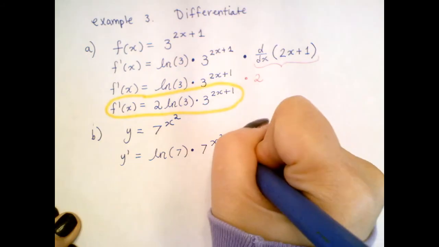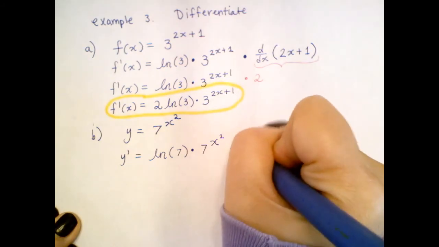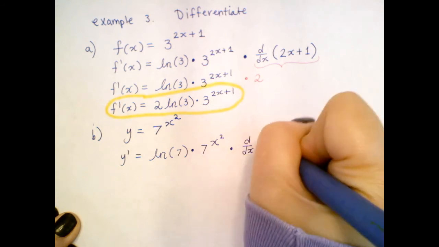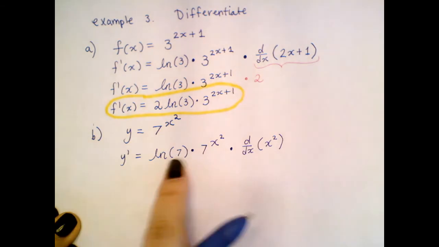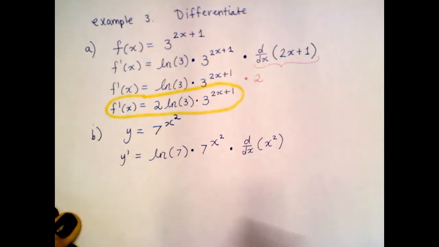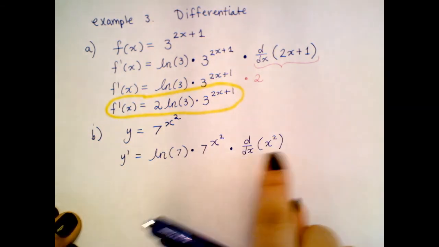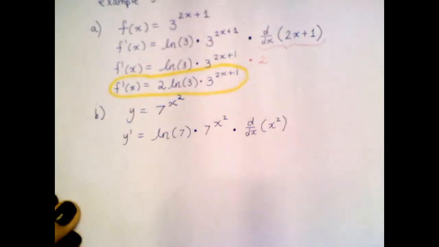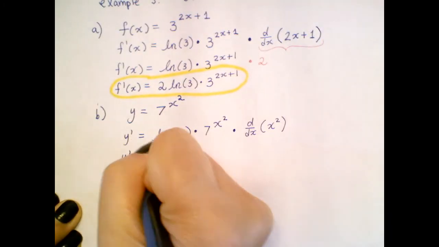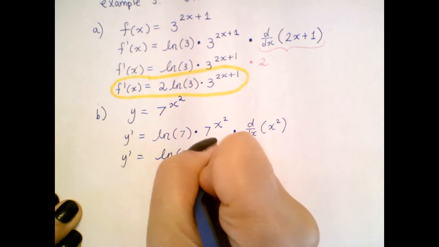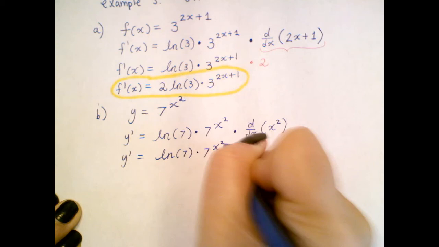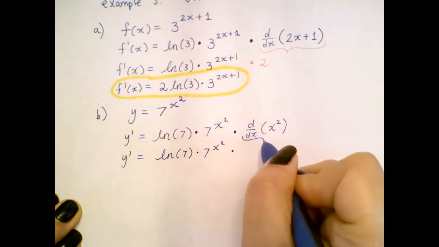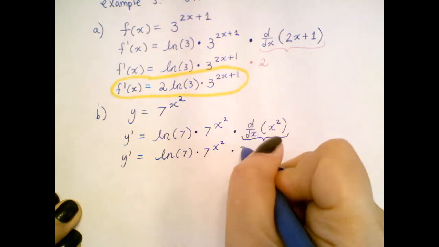And then here you multiply this by the derivative of x squared. Okay? So the first 2 parts we were doing, we were using theorem 2 or 12, but then this is the new one where we have to remember to use the chain rule. So what's y prime simplified? Natural log of 7 times 7 raised to the x squared times, and derivative of x squared is simply 2x.